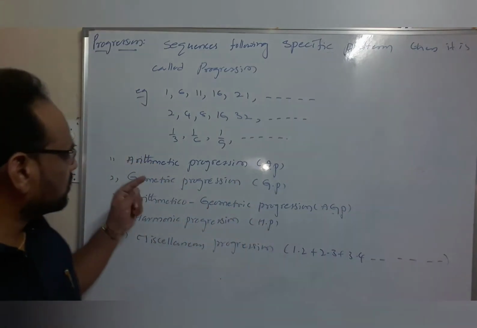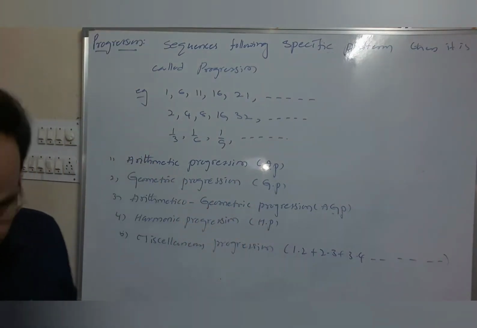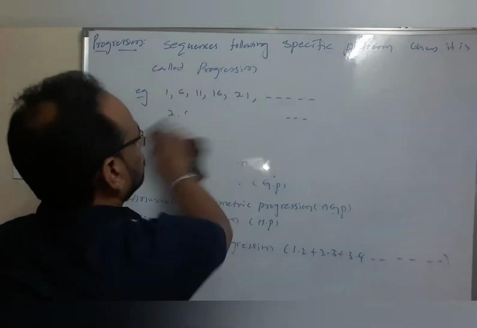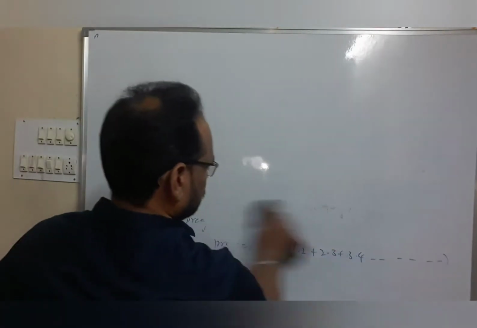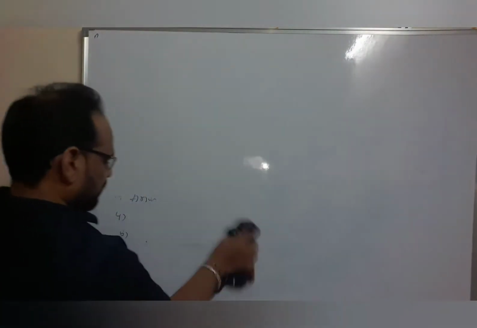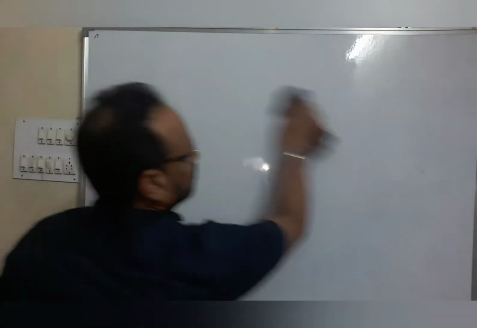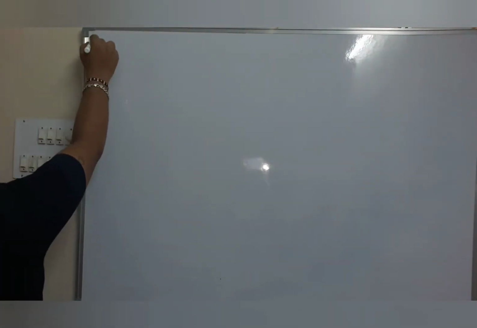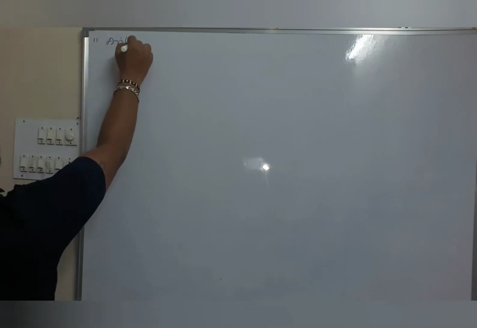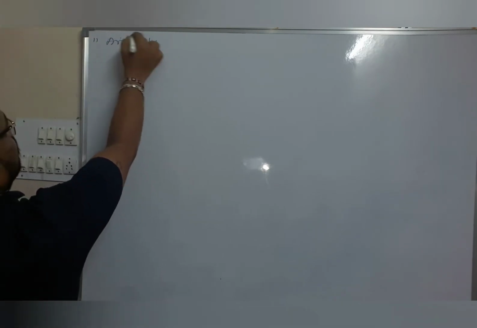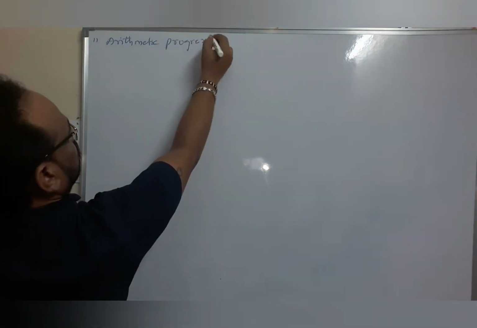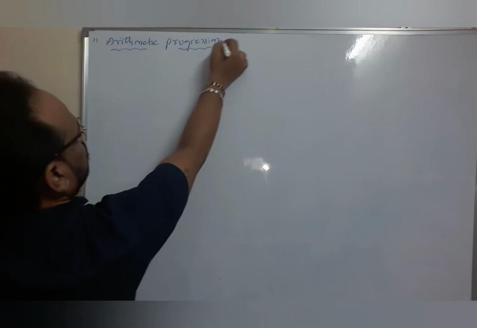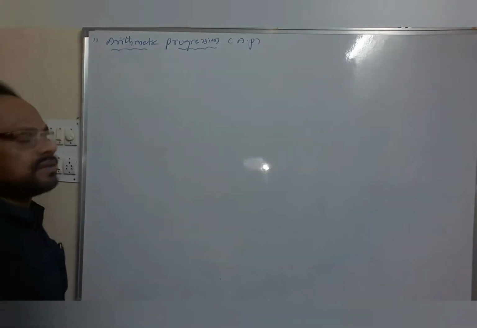Now we are going to discuss one by one. First one is arithmetic progression, that means AP.